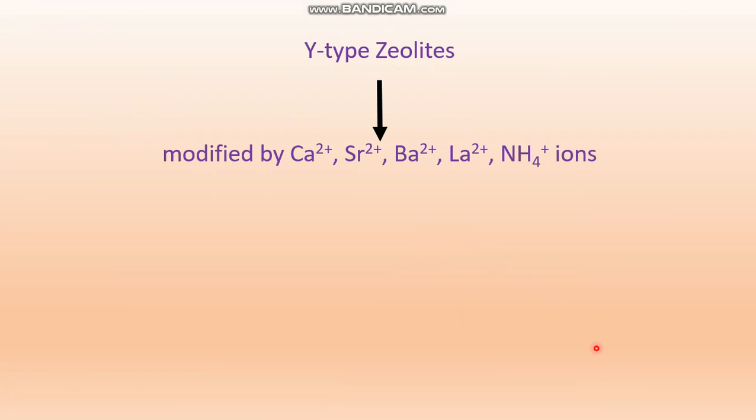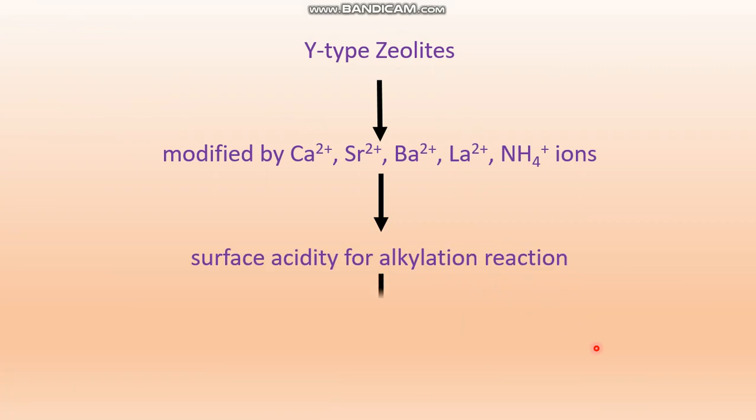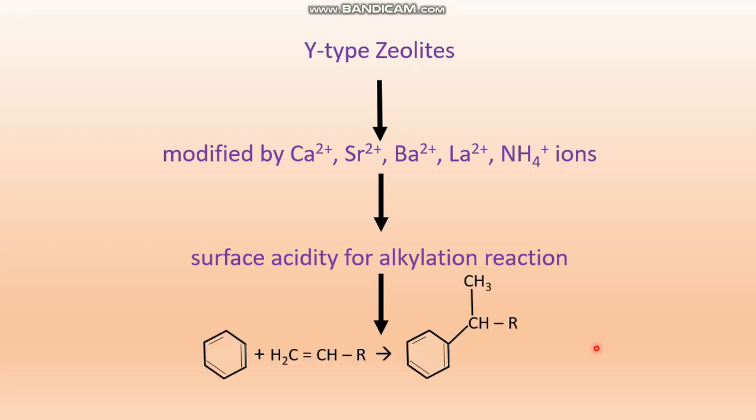Y-type zeolites, modified by calcium, strontium, barium, lanthanum, and ammonium ions, have proper surface acidity for alkylation reactions. They could replace hydrogen fluoride as a solid acid catalyst used in the alkylation reaction of benzene with long straight chain monoolefins. So this is undergoing an alkylation reaction, and this product is formed.